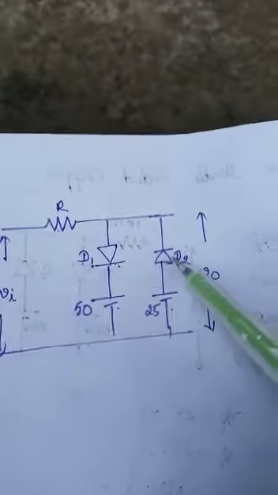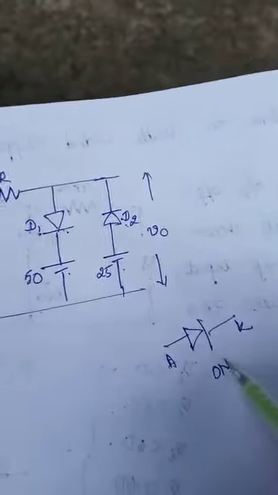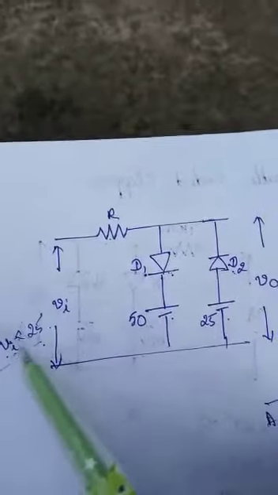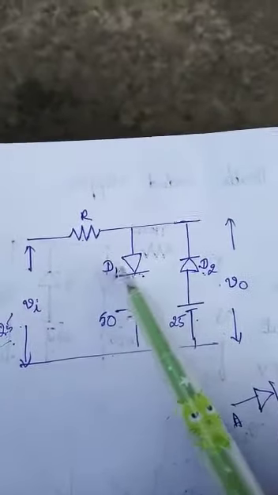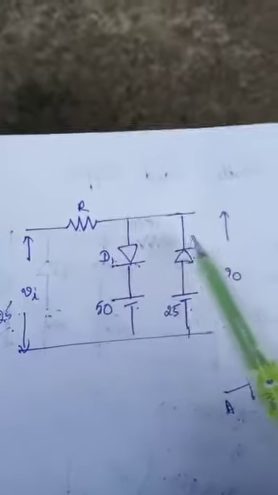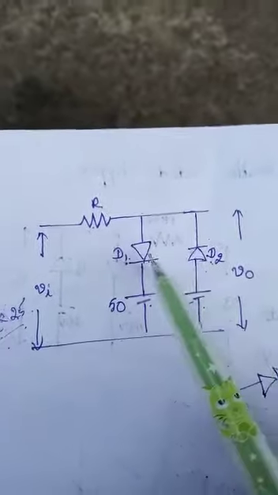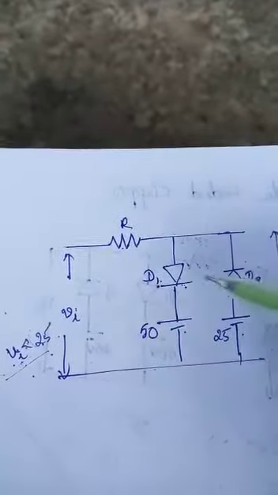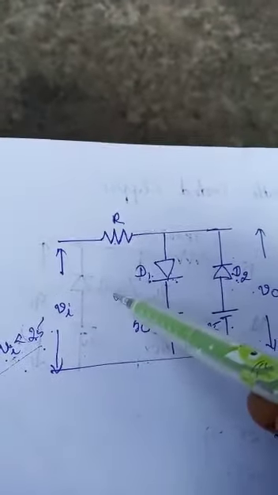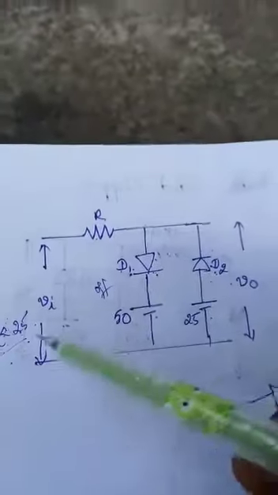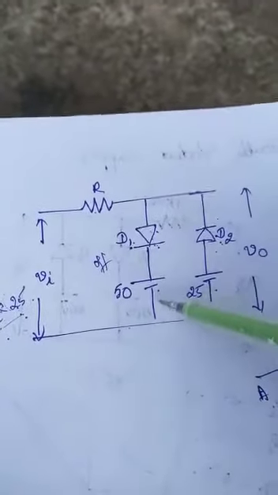That lower input voltage is connected to the anode of D1 and the cathode of D2. As we know, a diode is in the on condition only if it has a higher voltage at the anode terminal compared to the cathode terminal. Now here, less than 25 volts is connected to the anode of diode D1 and the cathode of diode D2. So diode D1 is in the off condition, since the anode is connected to less than 25 and the cathode is connected to 50.